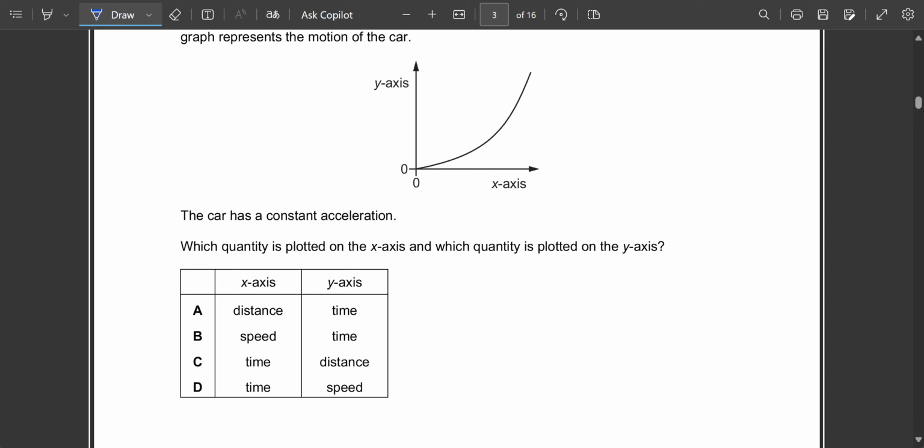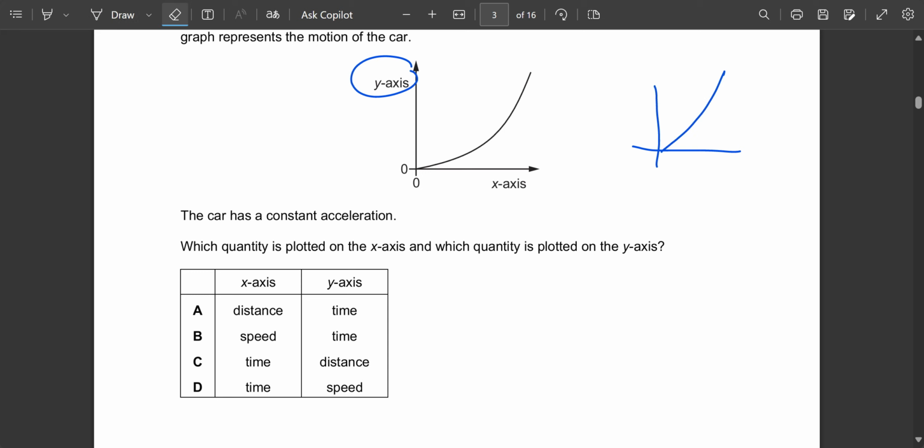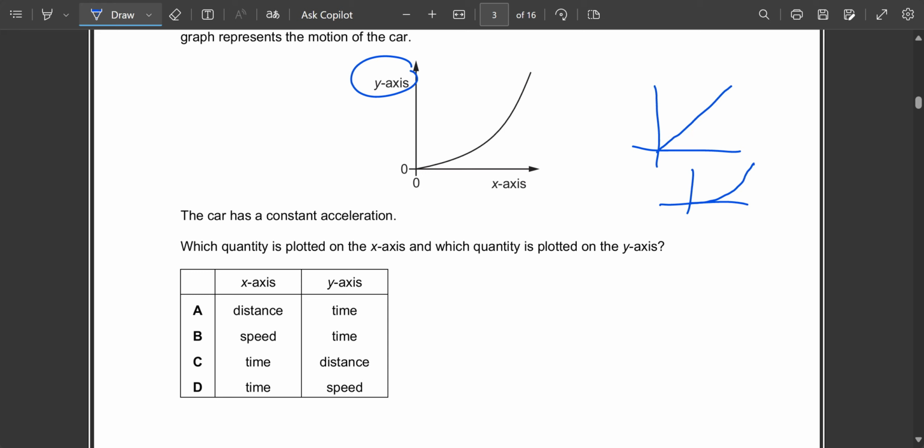So if it is a constant acceleration, then this should not be velocity, because in a velocity graph constant acceleration is shown with a straight line. So then this quantity has to be the distance, because in a distance-time graph constant velocity is shown as a straight line, and acceleration is shown as a curve like this.